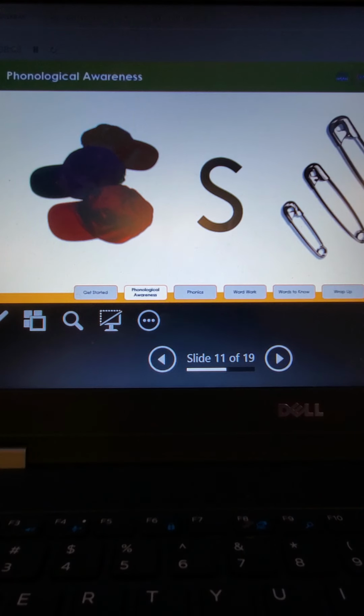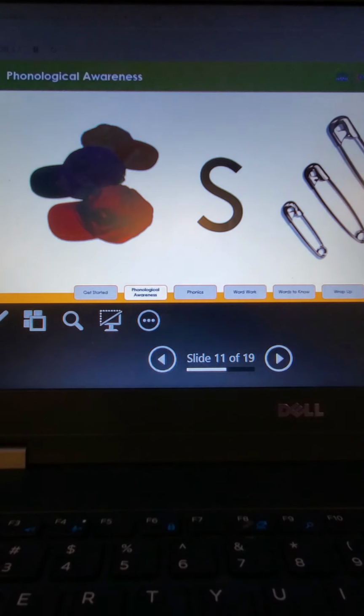The next word is caps. I hear the sound S. That's the S. The next word is hugs. Do you hear the Z sound in hugs?